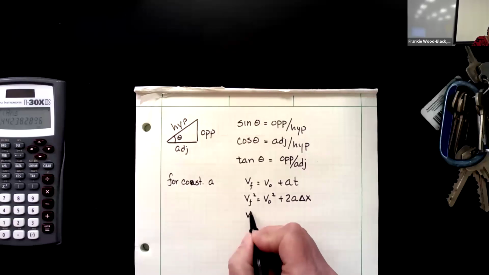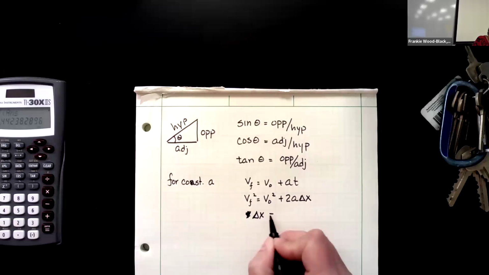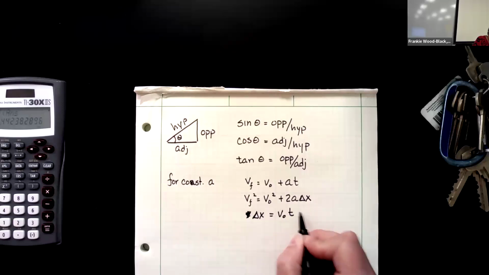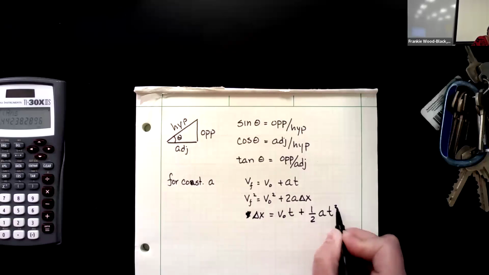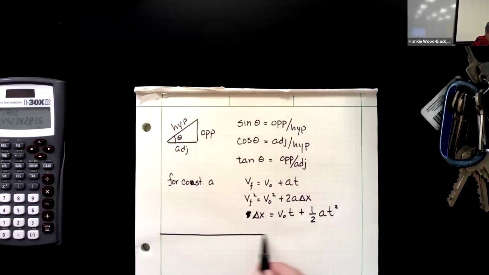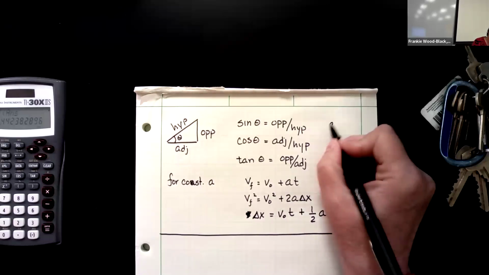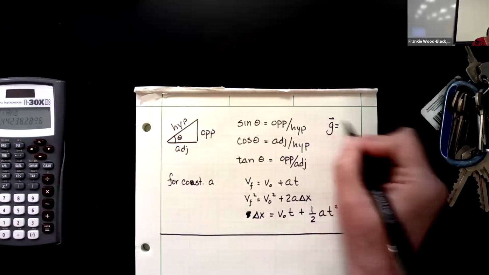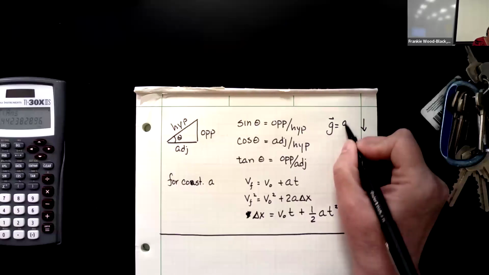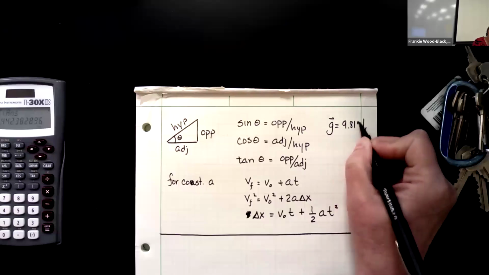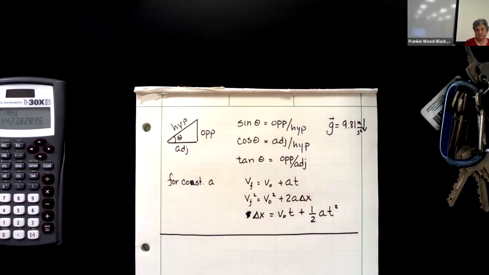And we get my change in position is equal to my initial velocity times time plus 1/2 my acceleration times time squared. So that right now is our toolkit, and we know that acceleration due to gravity is downward, and it's 9.81 meters per second squared. So we've got our toolkit.